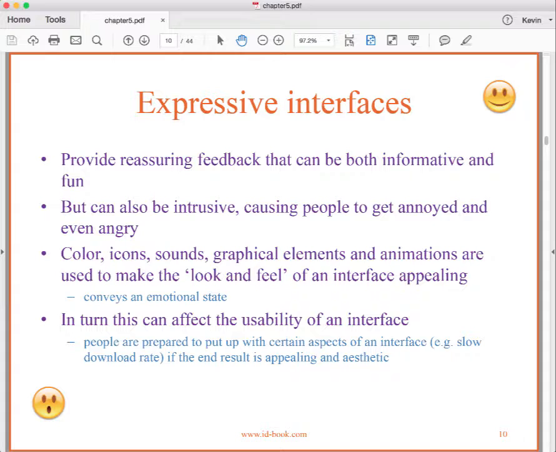People are prepared to put up with certain aspects of an interface, for example, slow response time that comes from limited bandwidth, if the end result is appealing and aesthetic. And it probably depends upon your user.